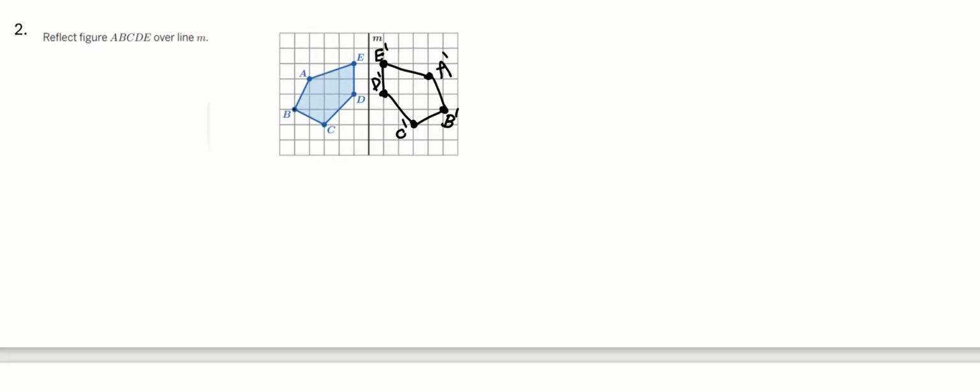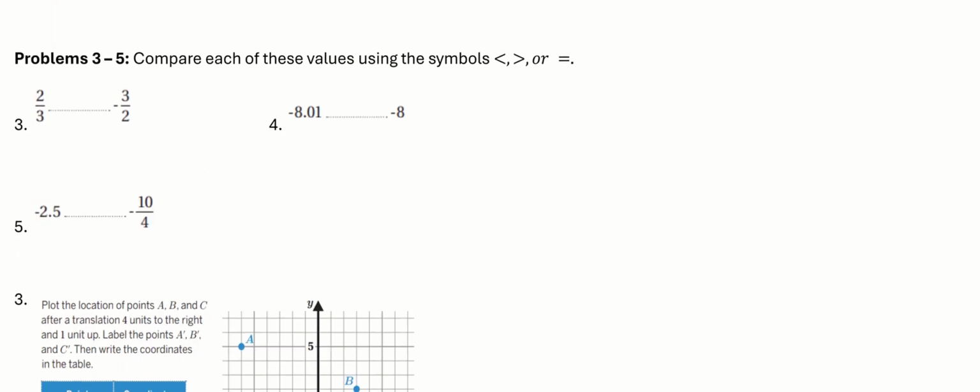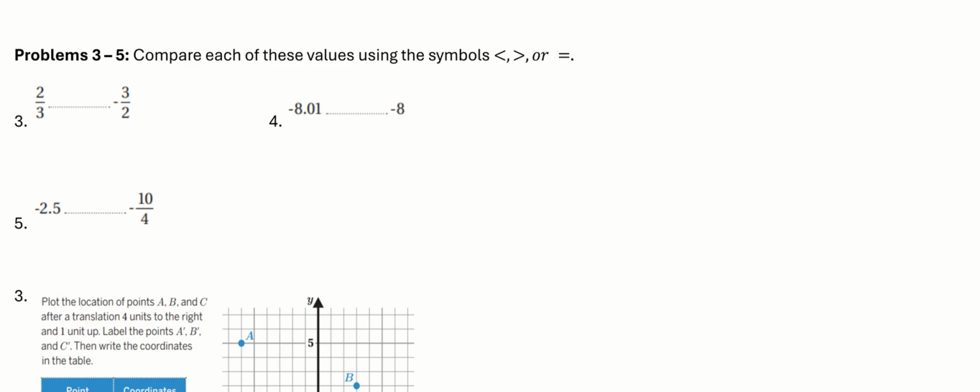All right. So these are some review questions, our spiral review. Wanted to go over these just because they are fractions and decimals, and so I just want to remind you how to compare these things. So with the fractions, I know they're opposite signs, so clearly we can just look at the signs, and a positive is always going to be greater than a negative.